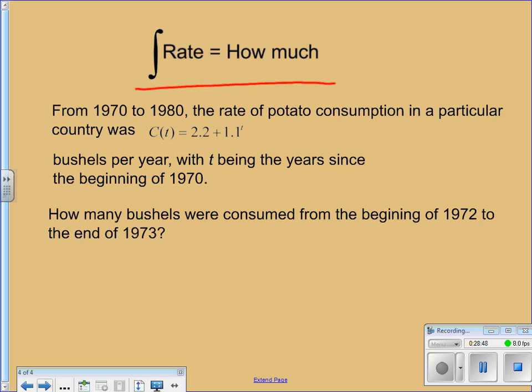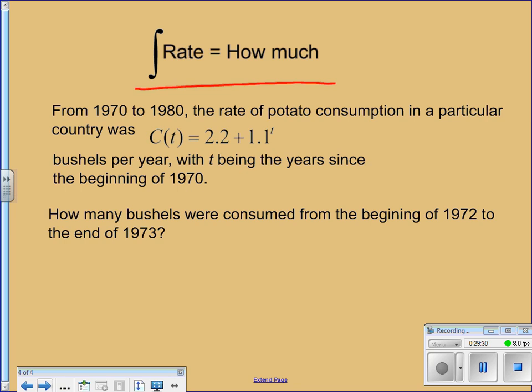From 1970 through 1980, the rate of potato consumption in a particular country was C of T equals 2.2 plus 1.1 to the T power, in bushels per year, with T being the years since the beginning of 1970.